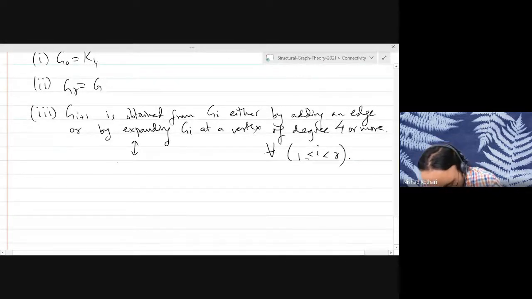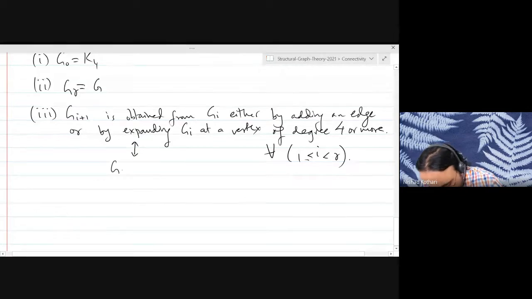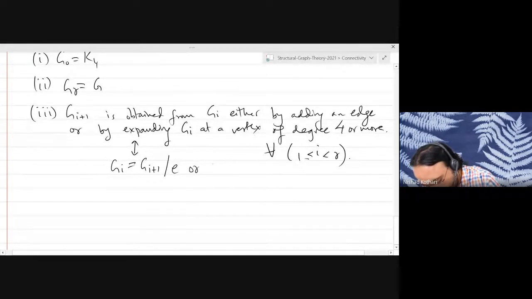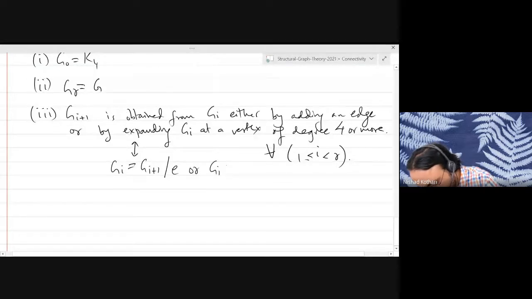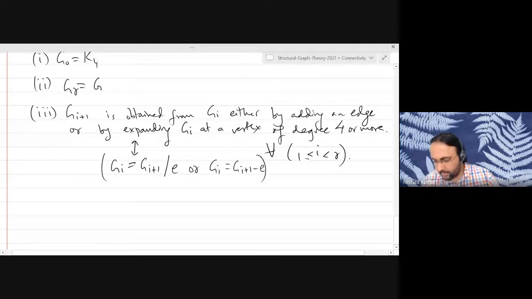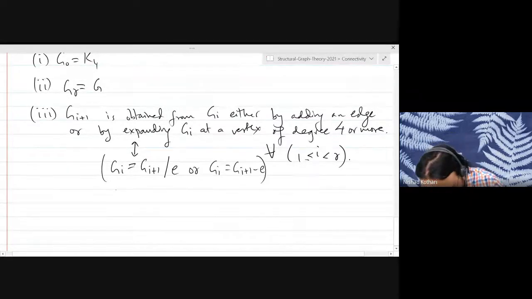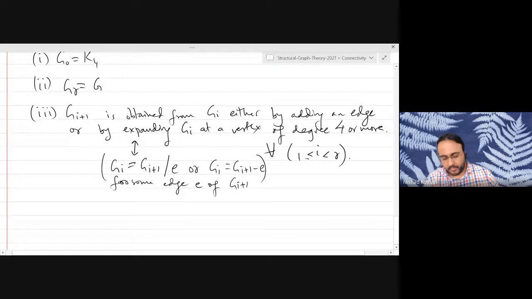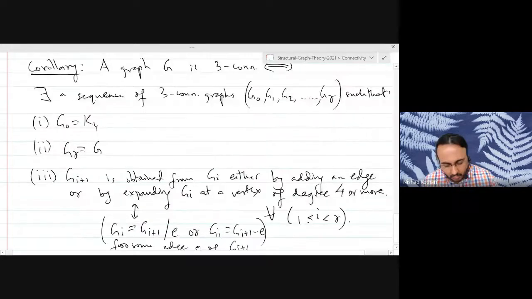Another way to think about it is the graph Gi is either the next graph, contract an edge, or it is the next graph, delete an edge, right? For some edge e of Gi plus 1. Okay, and why is this corollary true?